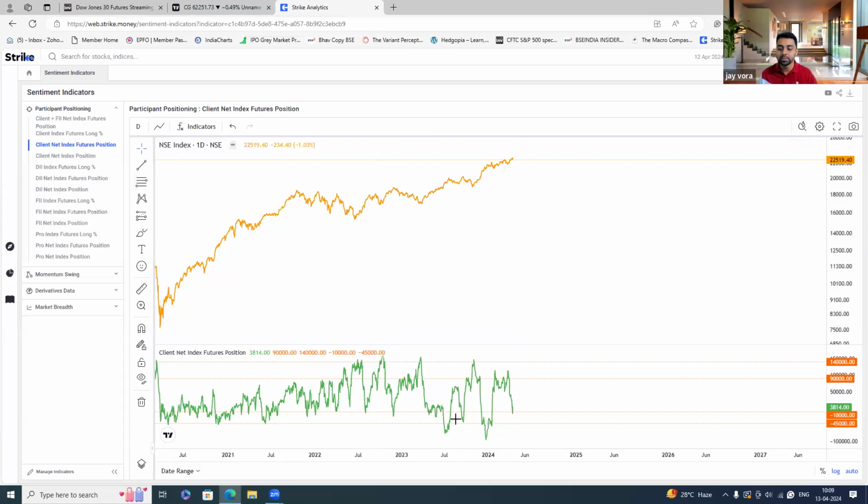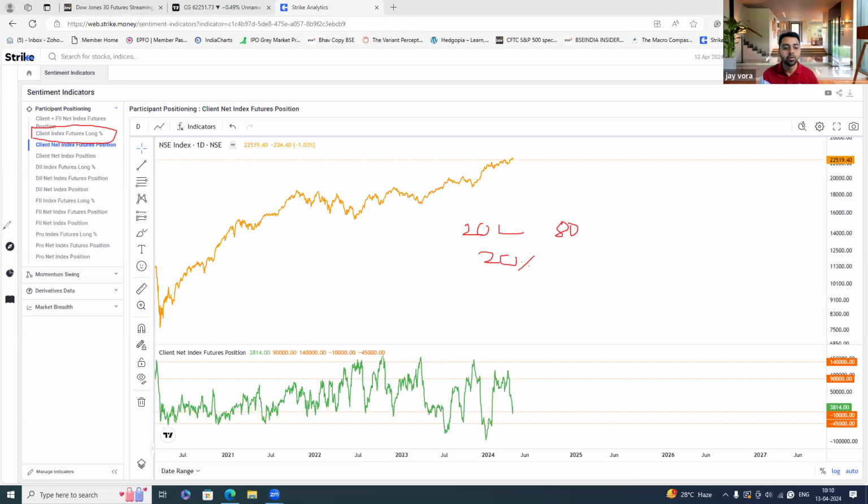Say, for example, your long is 20 and the shorts within that is 80. So basically your long percentage is 20, right? So that is how we arrive at the client index future long percentage position.